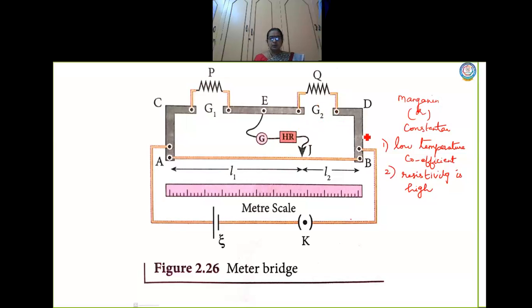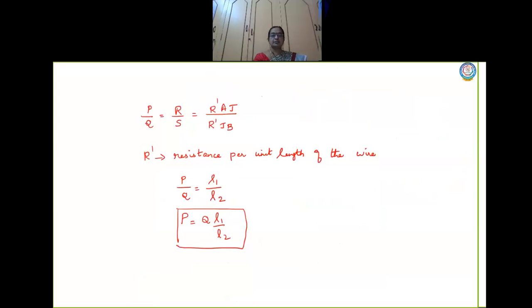After that, you interchange them, that is, you keep the known resistance in the left gap and the unknown resistance in the right gap and repeat the experiment. When you take the average of it, you can avoid the errors due to end resistance. So this is what we do in the lab.